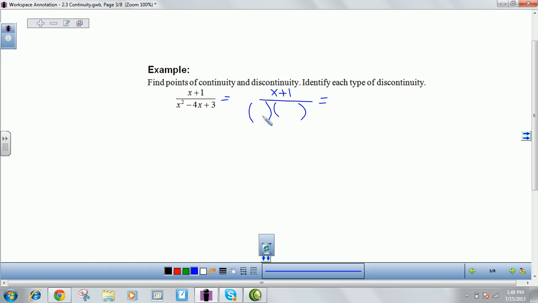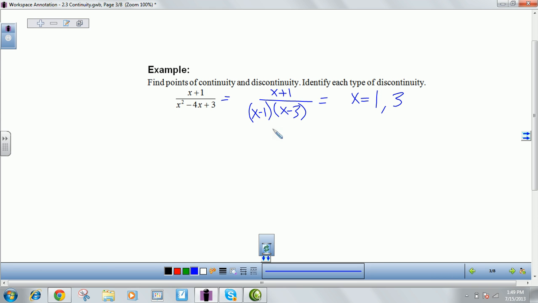Alright, so let's see. The bottom will factor into the quantities x minus 1 and x minus 3. If you're not sure how to do that, just ask me in class. You notice in this case the x plus 1 and x minus 1 do not cancel, so this is as simplified as it'll get. If I plug in x equals 1 and x equals 3 into the denominator, I'll get 0 for both of them.